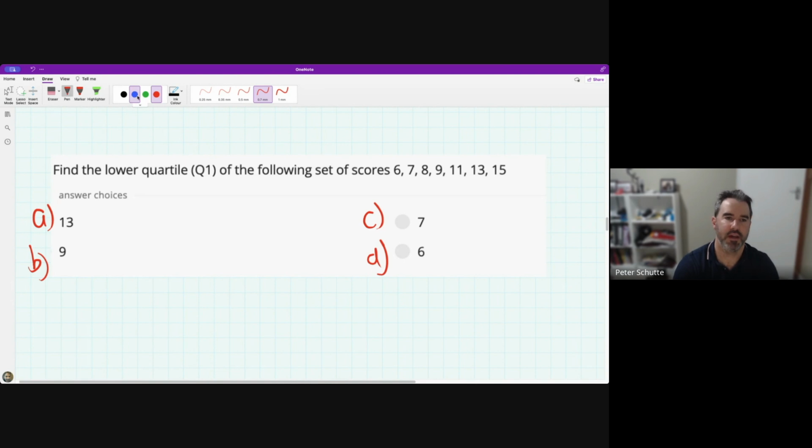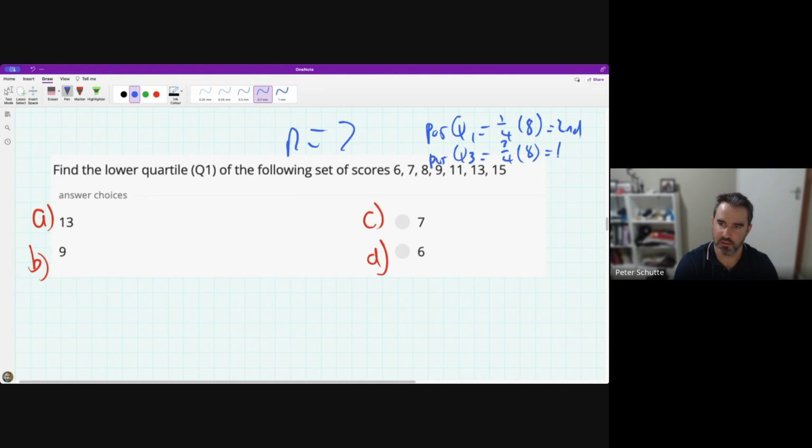So what is my N value? N is 7, which means the position of Q1 is a quarter times N plus 1, which is 8, which is the second position. And the position of Q3 is 3 quarters times N plus 1.